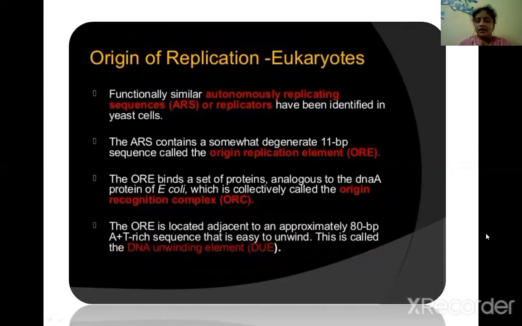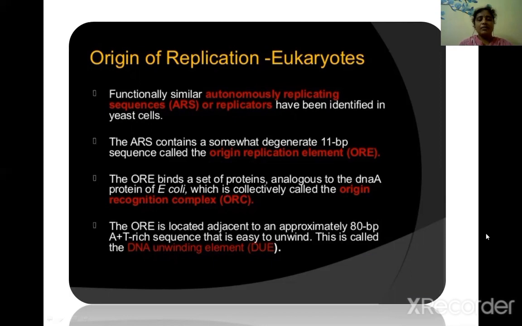Next, in eukaryotes, functionally similar autonomously replicating sequences, or replicators, have been identified in yeast cells. The ARS contain a somewhat degenerate 11 base pair sequence called the origin replication element.